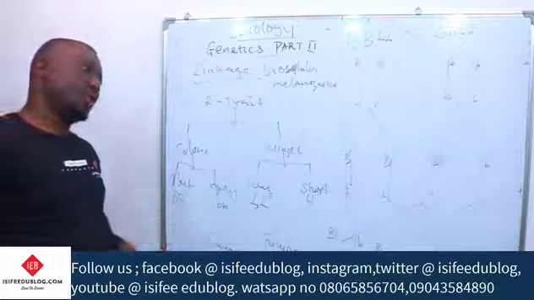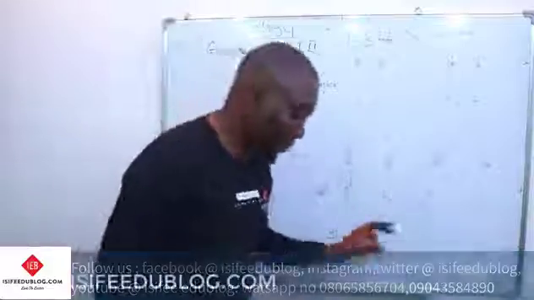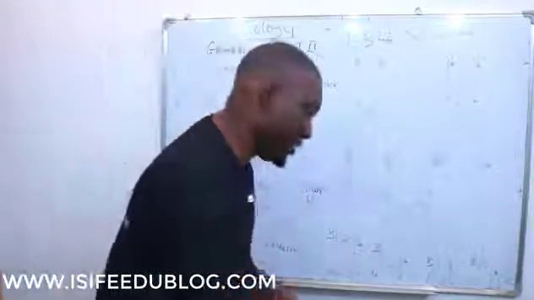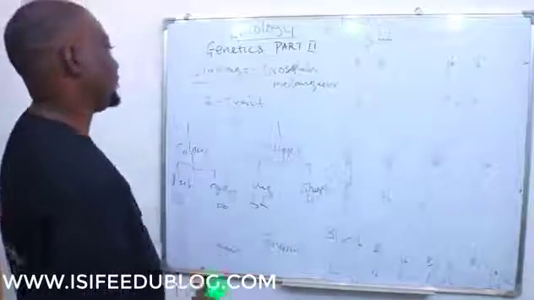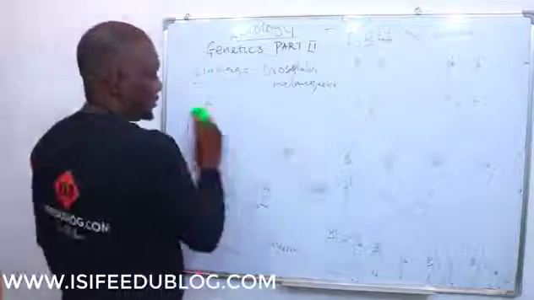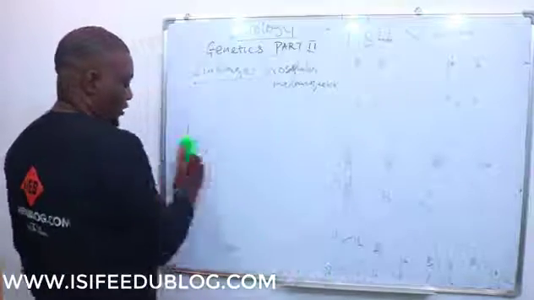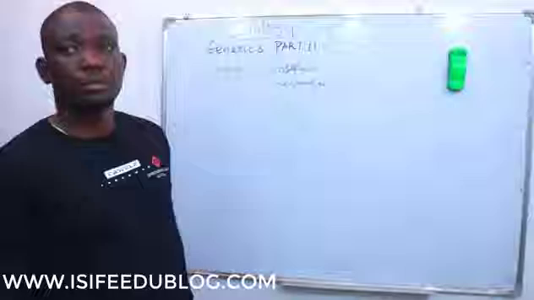Remember that Mendel will not always end at the first cross. He will always like to advance by selfing, so selfing the F1, the outcome of the F1.